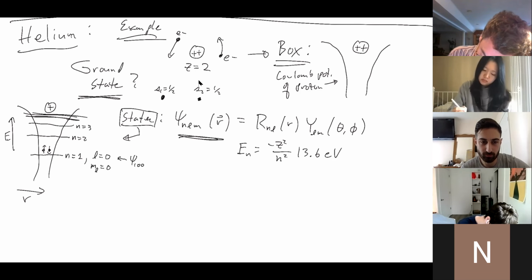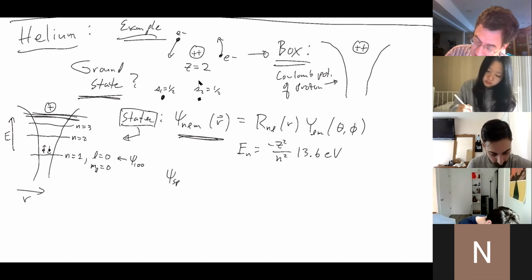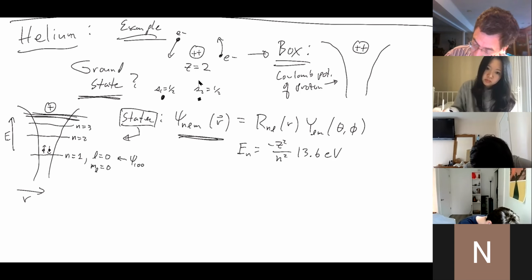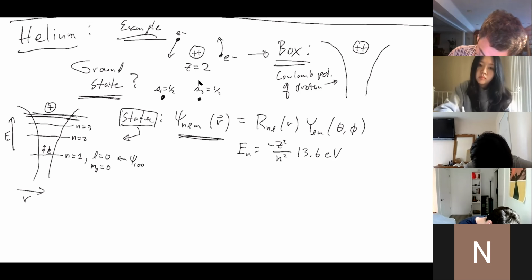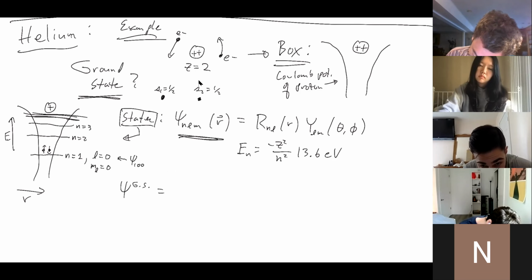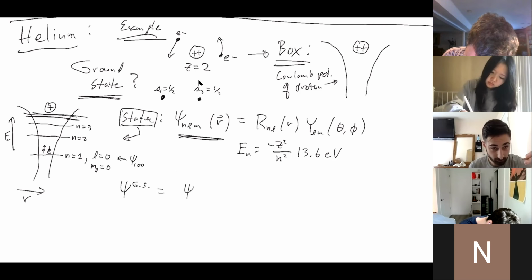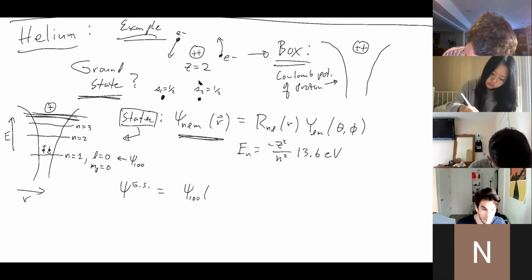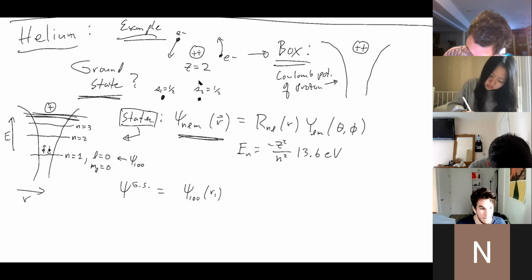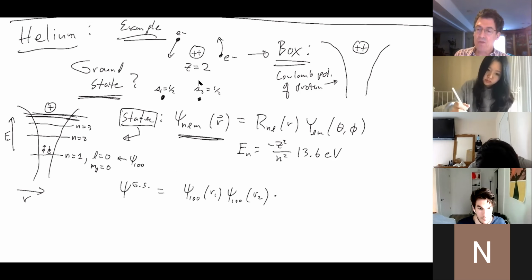And so that means the spatial part, well, let's just do it all the same so it'll be less writing for me. I'll say the ground state of the helium is equal to, let's write the spatial part, psi 1, 0, 0 of electron 1 times psi 1, 0, 0 of electron 2, times what? Now I have to write the spin state.